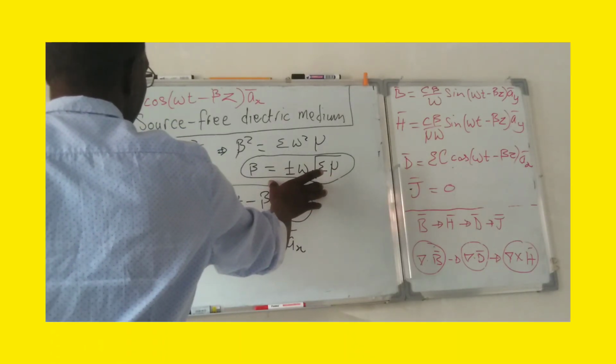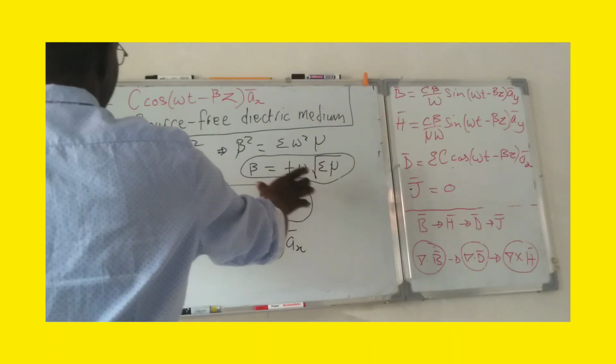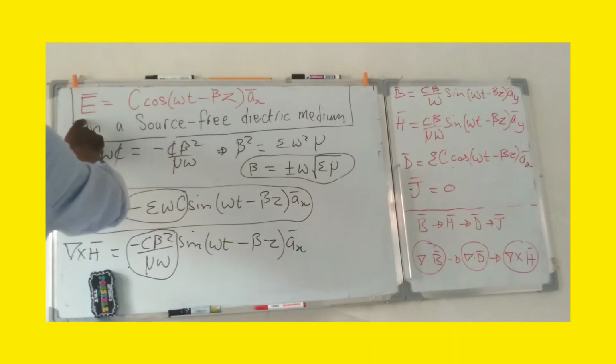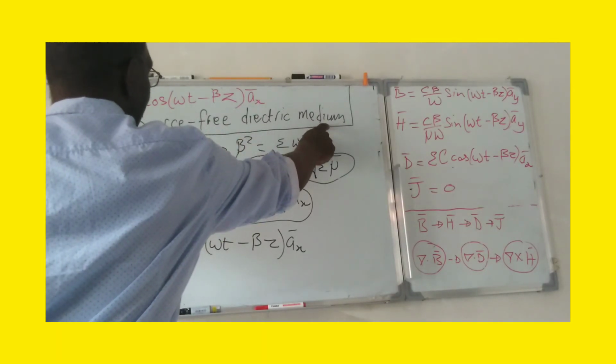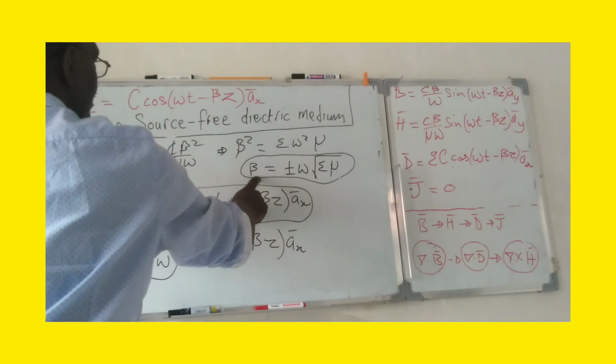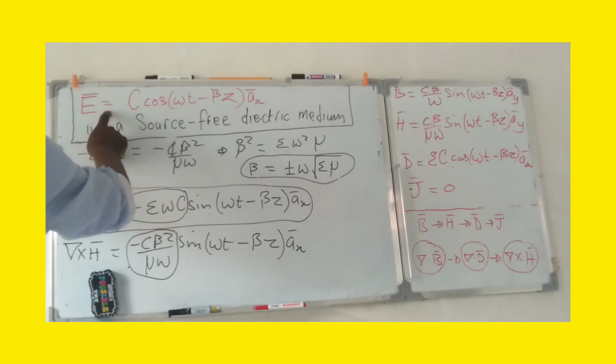This is the condition that is required for this field to exist. Remember, our question was, under what circumstances would this field exist in a source-free dielectric medium? If this condition is satisfied, this field is possible.